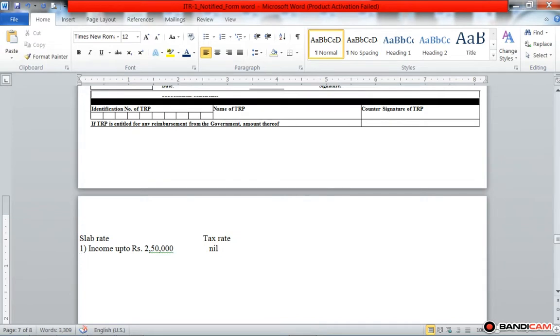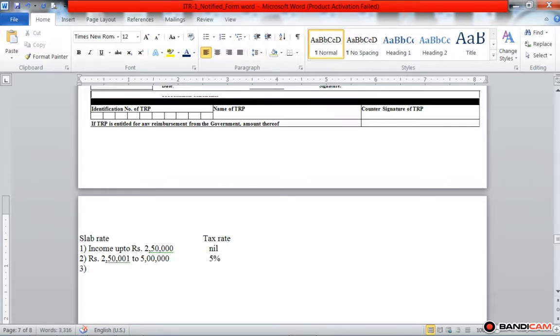Second slab, rupees 2,50,001 to 5 lakh, 5%.